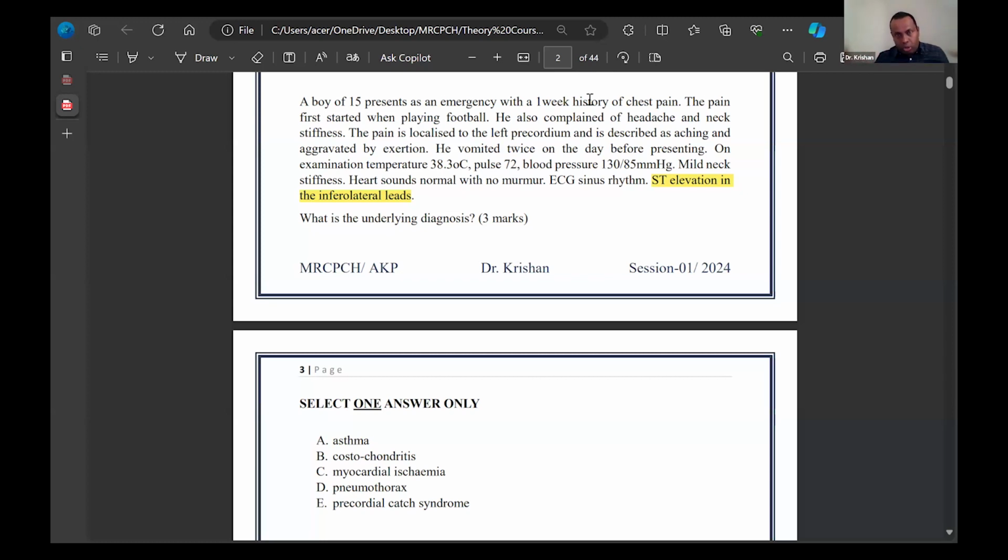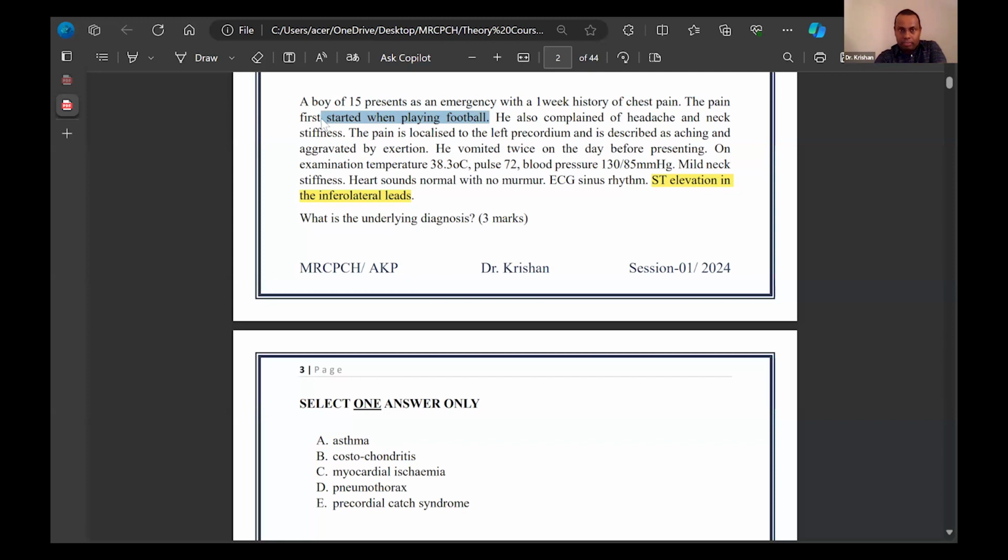Because of this, when we read this question, we need to make sure that our differential diagnoses are narrowed down to cardiac causes, right? Also, what information in the history favors that it is something to do with cardiac? You see, the pain started while playing football.